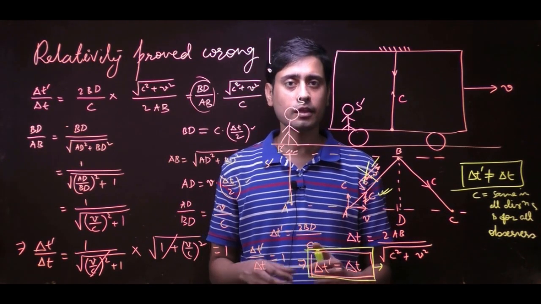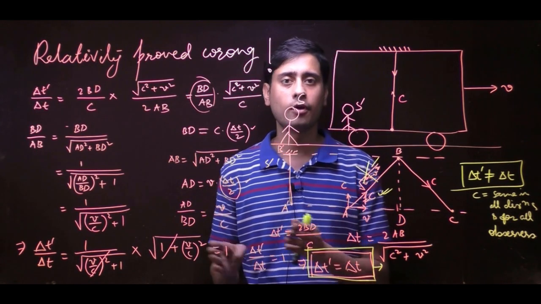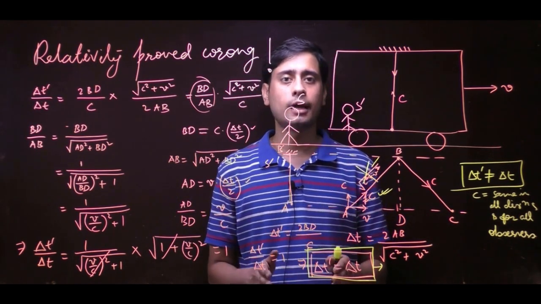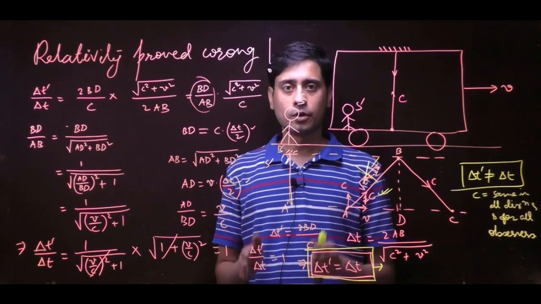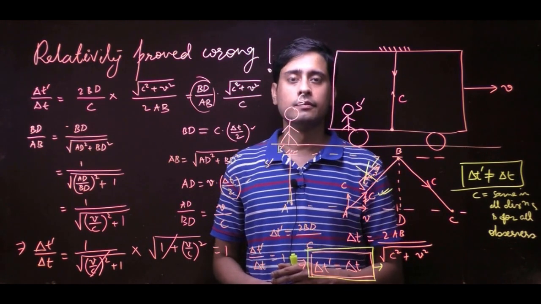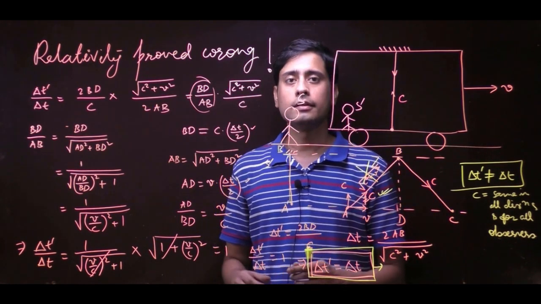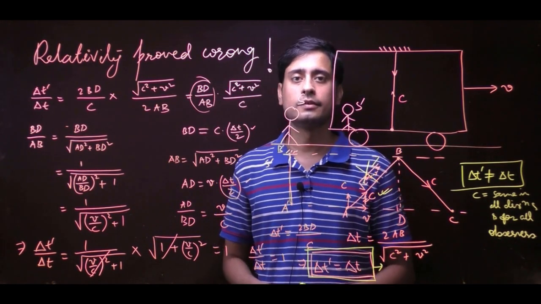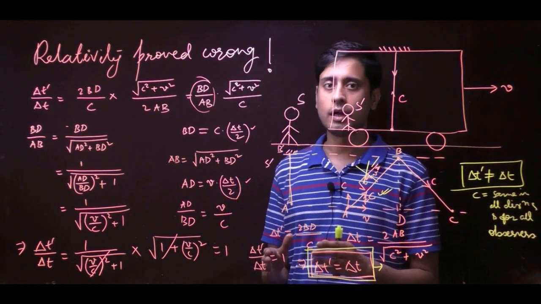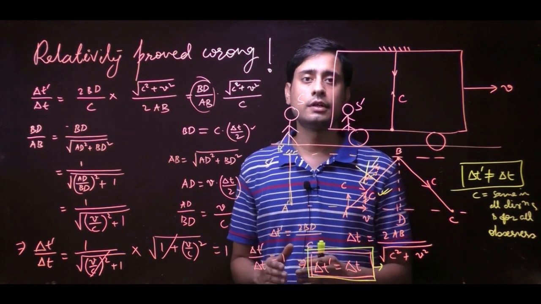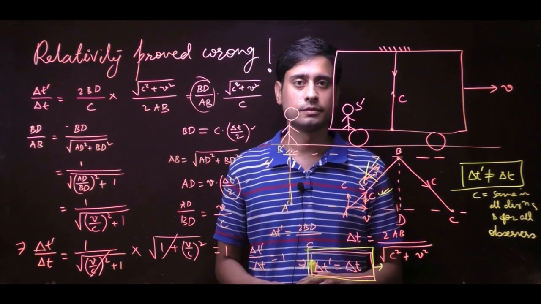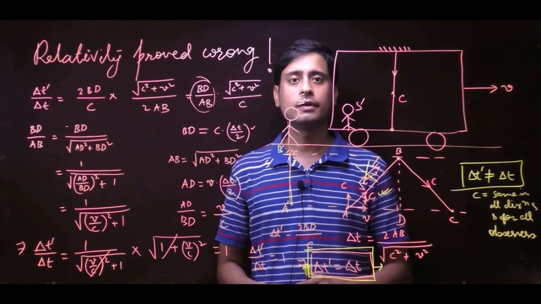So the speed of light is constant for all observers in all directions. It is established by closely observing the equations of Maxwell, which Einstein did. And in the coming lectures we will see how Einstein thought and came to that conclusion that c is constant for all observers. So we will come to that in our coming lecture.